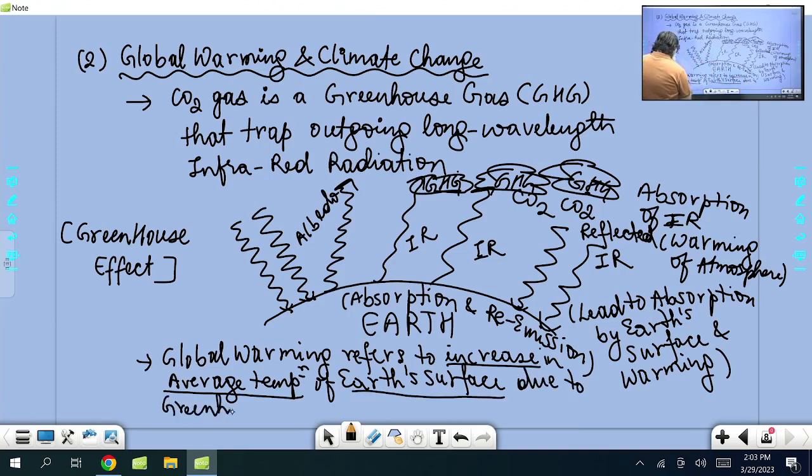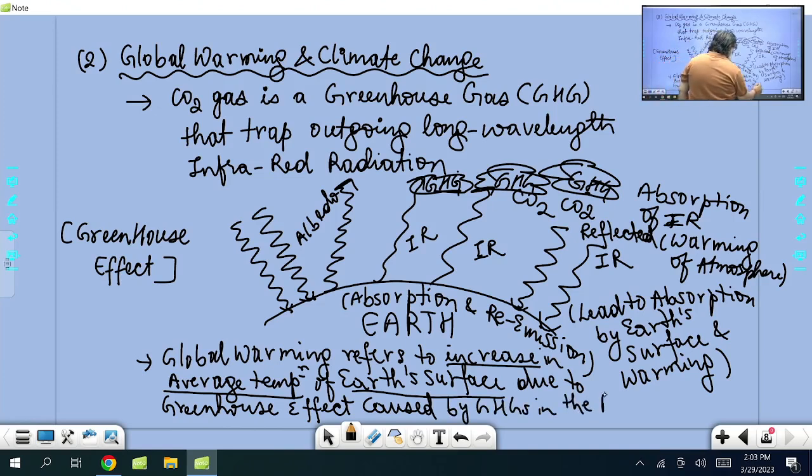Carbon dioxide gas is one of the prime greenhouse gases. The greenhouse effect is caused by greenhouse gases in the atmosphere: carbon dioxide, methane, nitrous oxide, chlorofluorocarbon, hydrofluorocarbon. All these are greenhouse gases which accumulate in the atmosphere.